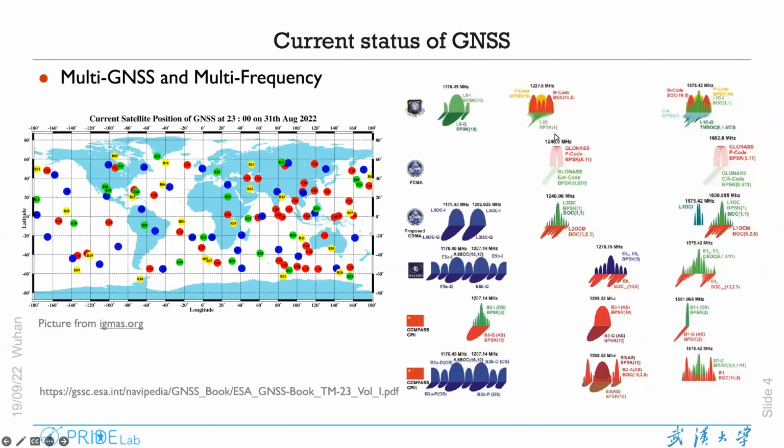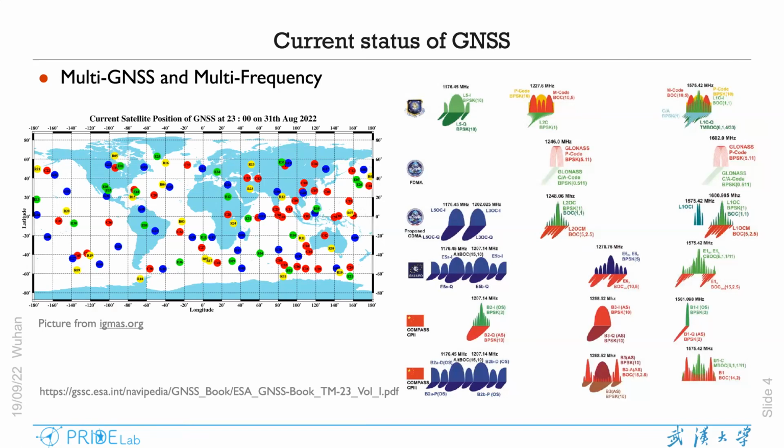All right, so this is the current status of the GNSS. GNSS is short for Global Navigation Satellite System, and now we have 4 constellations, which are GPS, GLONASS, Galileo, and Beidou system. And we have 2 regional systems, such as the QZSS, developed by Japan, and the NAVIC, developed by India.